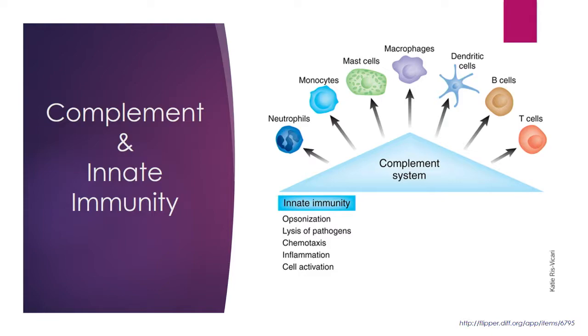Its very important role in alerting neutrophils and other cells to pathogens. It clearly has a role in inflammation, as we know in a number of diseases, either autoimmune or infectious disease, where complement activates the inflammatory pathways and individual cells through cellular receptors.